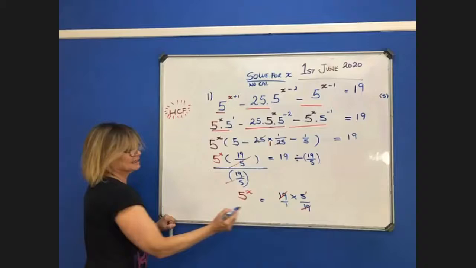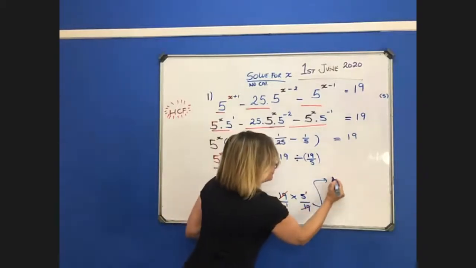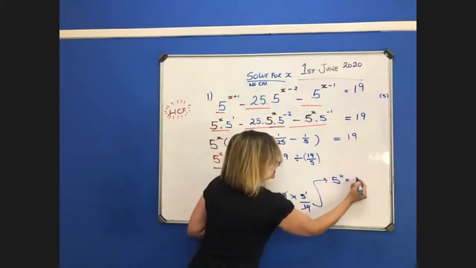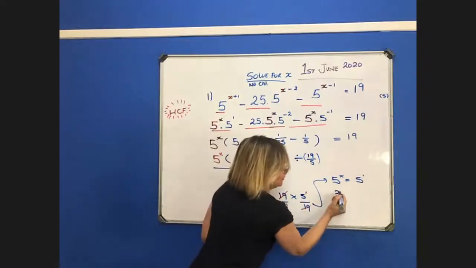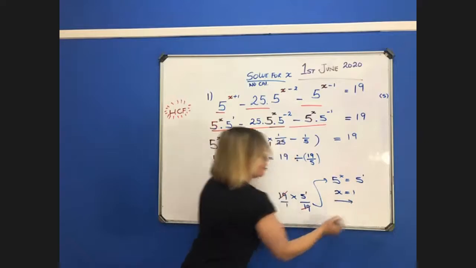So basically, I've just run out of space. You have 5 to the x equals to 5 to the 1. So drop the base, x is 1.